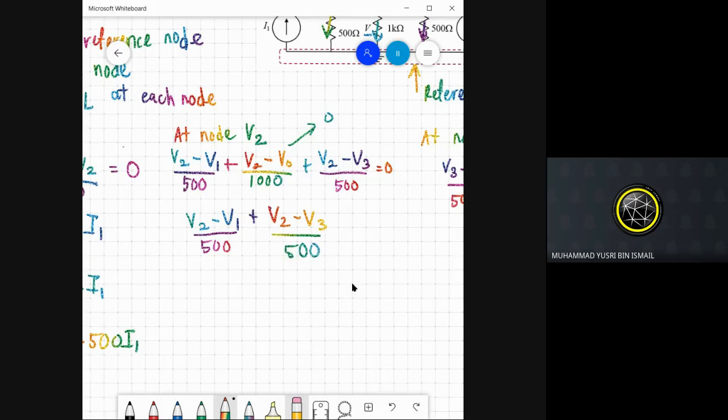I will bring this to the left, so you will get a negative V2 divided by 1000. Okay, here V2 minus V1 plus V2 minus V3.